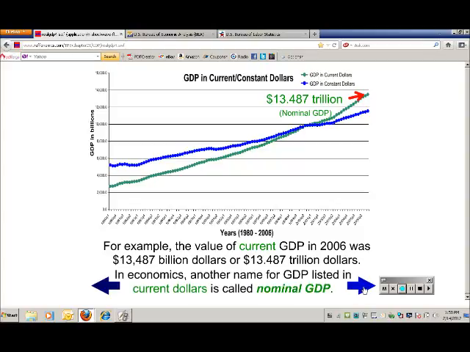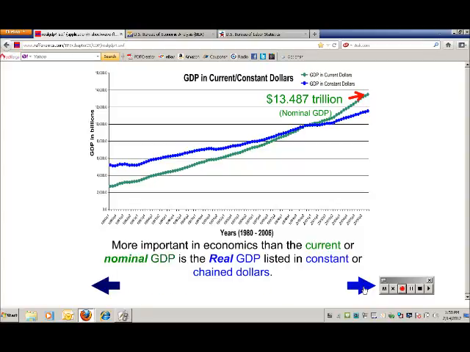Current dollars is called nominal GDP, and you're going to see these two terms, nominal GDP and real GDP. Most economists would use real GDP as the most accurate method of accounting in most situations. More important than the current or nominal is the real GDP.